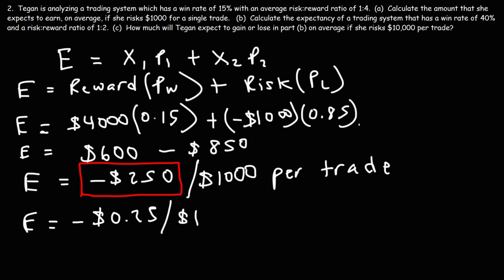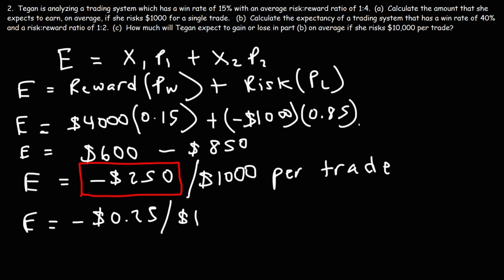If she were to risk 10,000 per trade, she would expect to lose $2,500 per trade on average. So she's losing 25% of whatever she risks per trade. That's how we can calculate the expectancy of the trading system in part A.